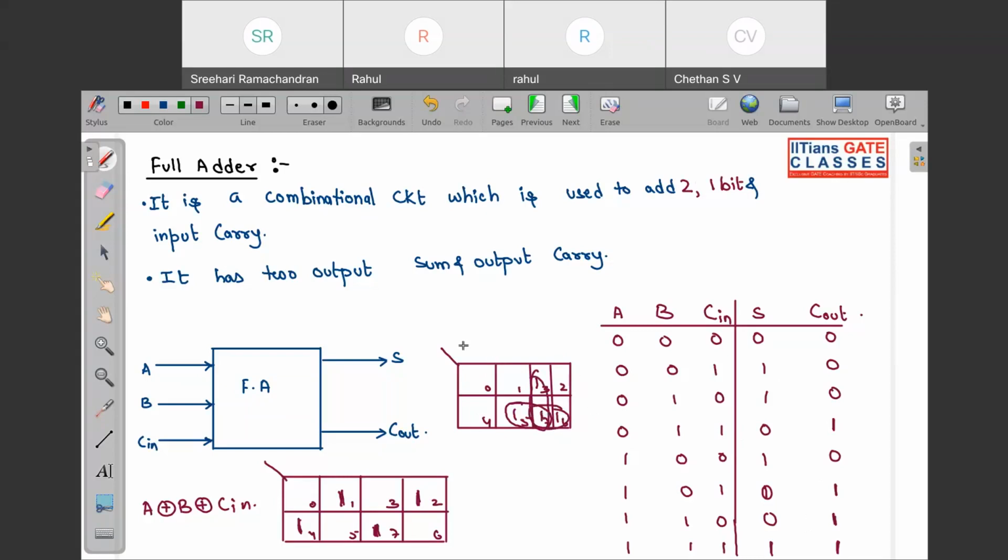So A, B, C in. So for this group 0, 1, 0, 0, 0, 1, 1, 1, 1, 0.